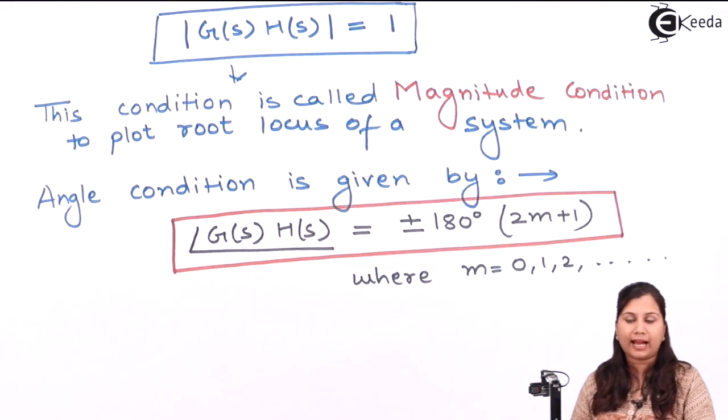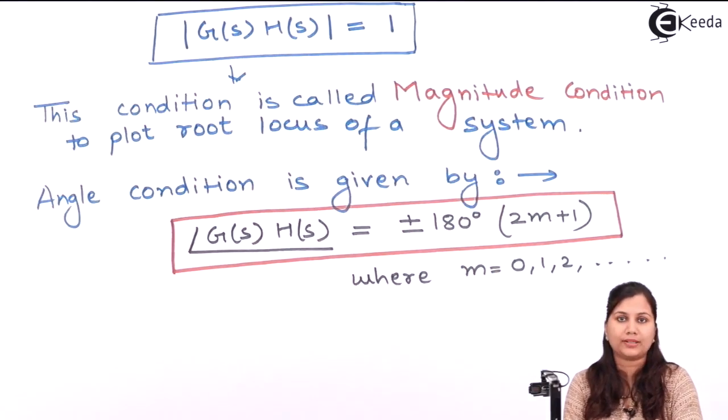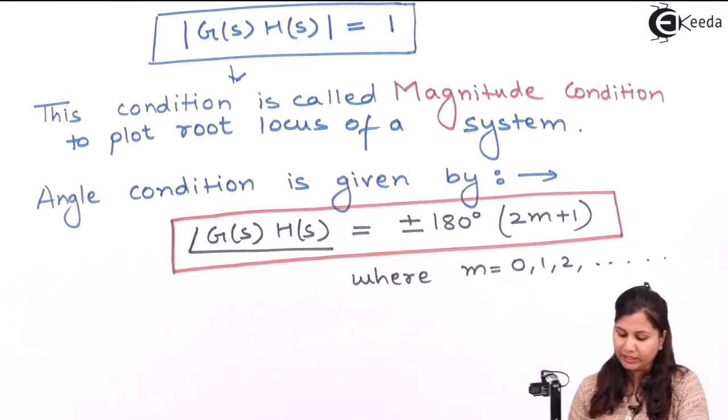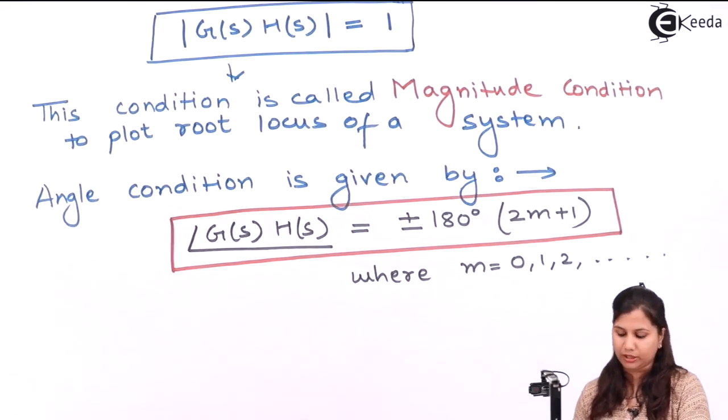So we can say that as we have derived this G(s)H(s) from the closed loop transfer function of the system, the root locus of a system is plotted using the closed loop transfer function of the system.